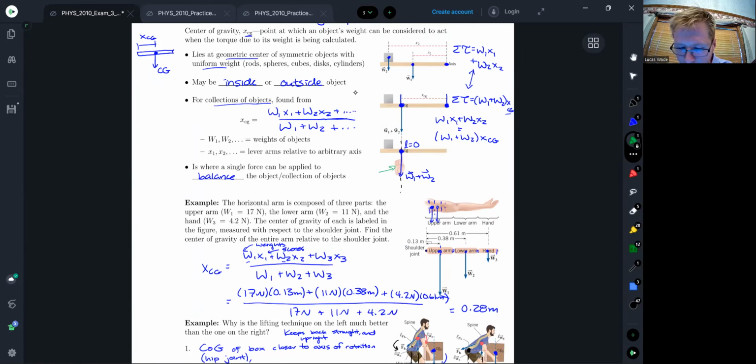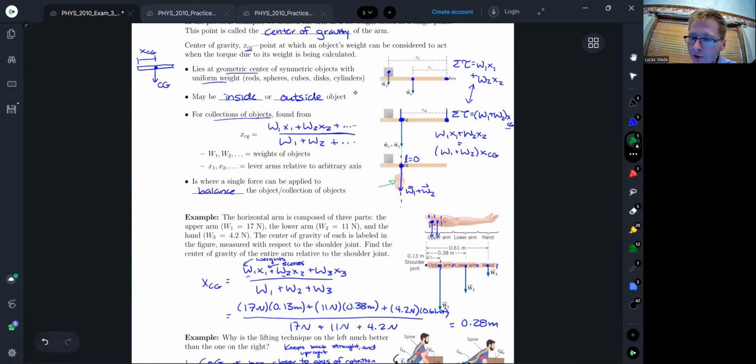So if you're told that something is uniform, what does that tell you about where its center of gravity is? Is it in the middle of the object? Yes. So that's because for a uniform object, you've got as much weight on, say, one side of that geometric center as on the other.